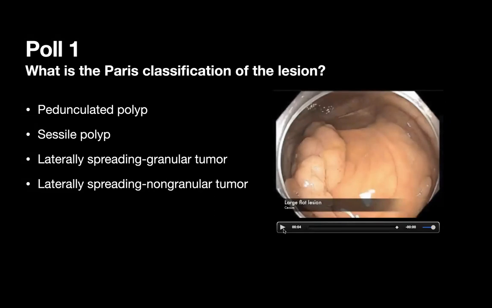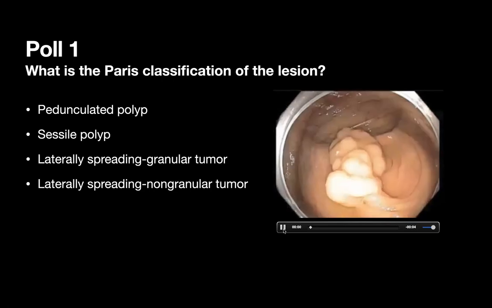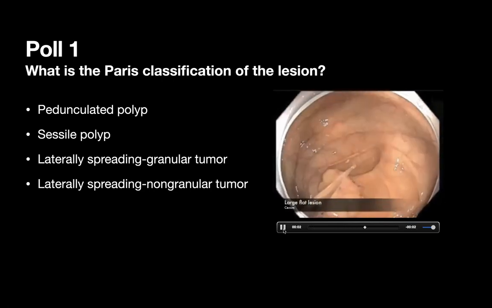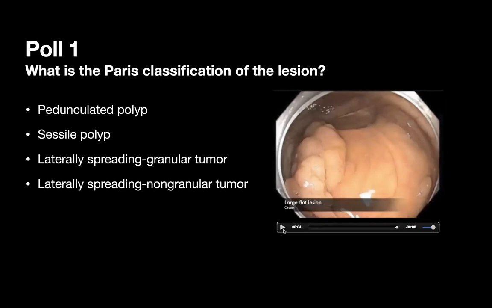So I would try to move it around using the tip of a snare, or another way is that I would put some water there and see if it floats. Okay, so we moved it with the tip of the snare. It did not move, and we tried to go underneath the lesion, and it is still there. So then this would be classified as a sessile polyp.